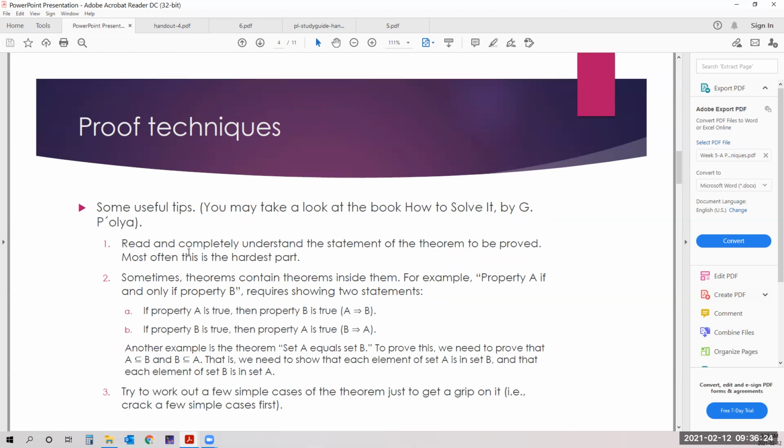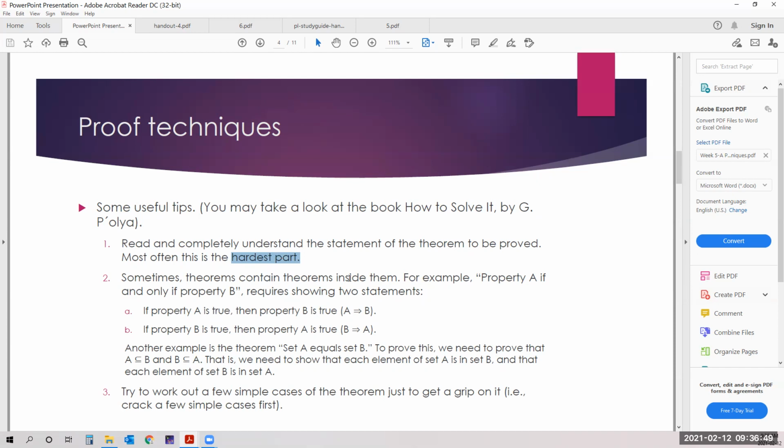Now, read and completely understand the statement of the theorem to be proved. The first thing I have to understand is what I'm going to prove. And this is the hardest part. Once you understand the full theorem and what we need to use in our proof, this is the key point of solving the question.